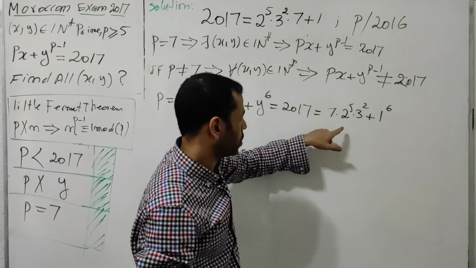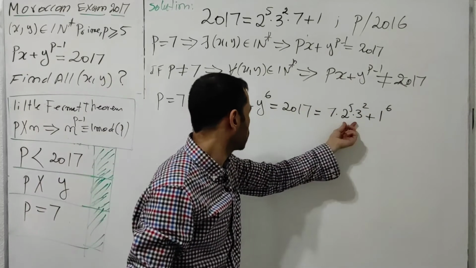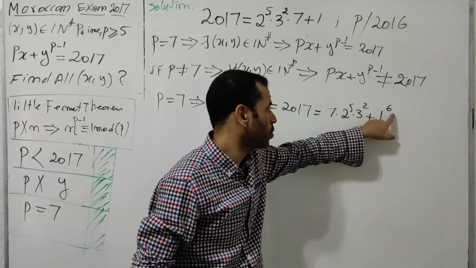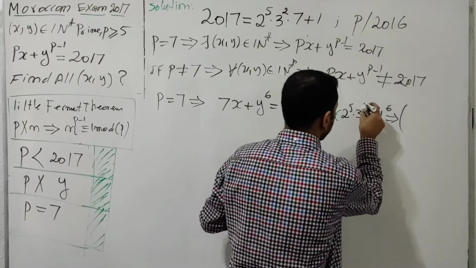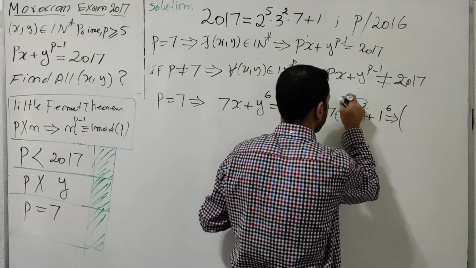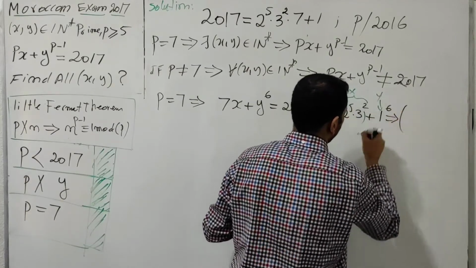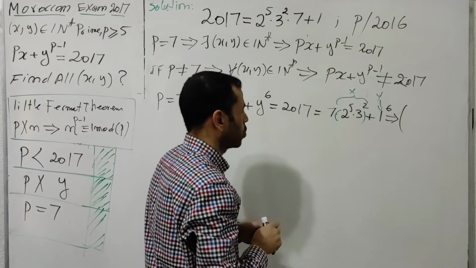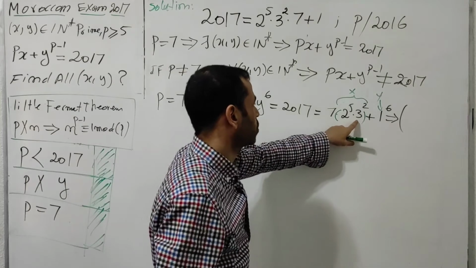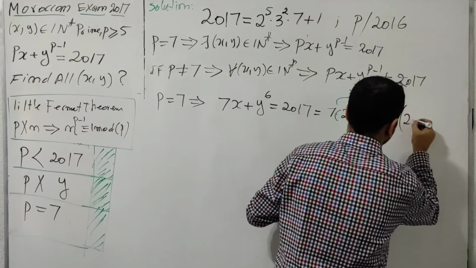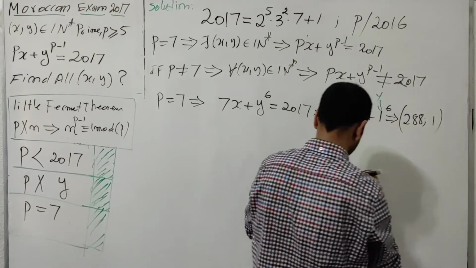This expression is the same as this one. We have the 7 here, we have the value of x here, and we have y equals 1, with exponent 6. This expression tells us the value of x is this value and the value of y is 1. So the solution of this equation, if you calculate 2^5 multiplied by 3^2, you find 288, and the value of y equals 1. This is the first solution.